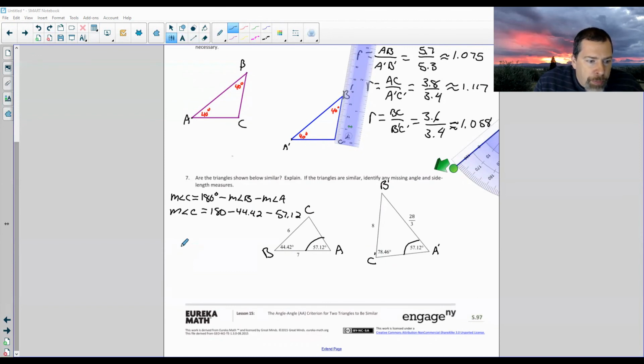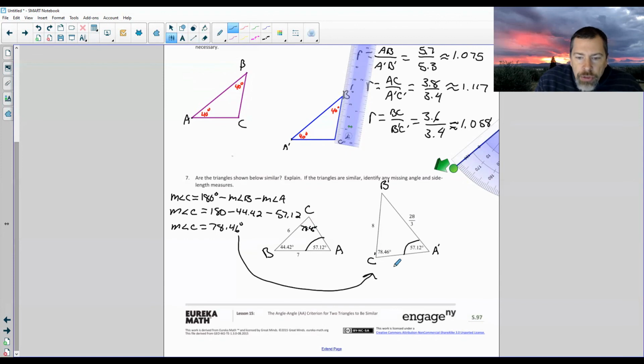180 minus 44.42 minus 57.12, and I get 78.46. So the measure of angle C by the triangle sum theorem is 78.46 degrees. And notice that that is equal to C prime.